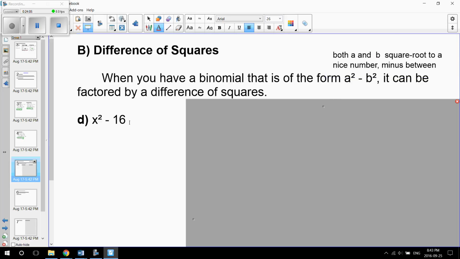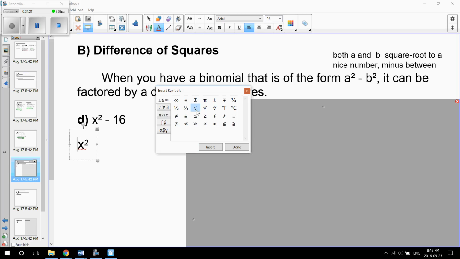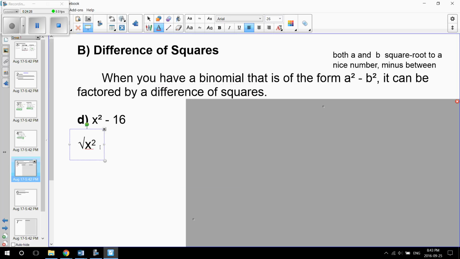So let's take a look at our first example here. We have x squared minus 16. So if we square root x squared, what do we get?